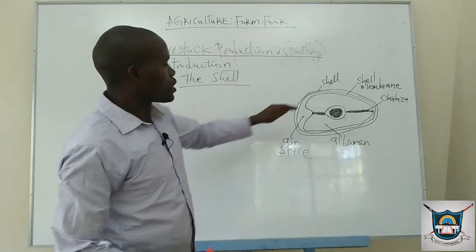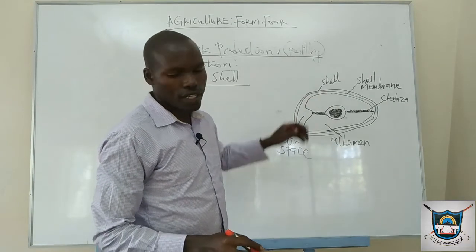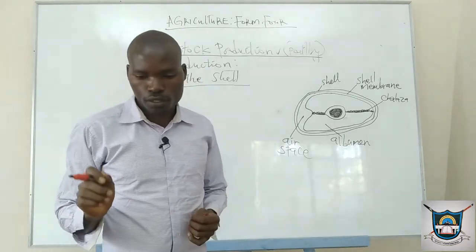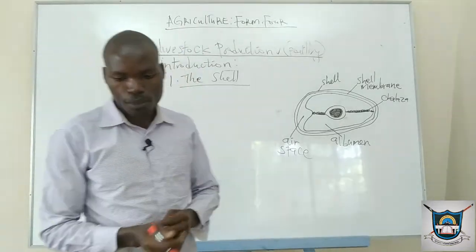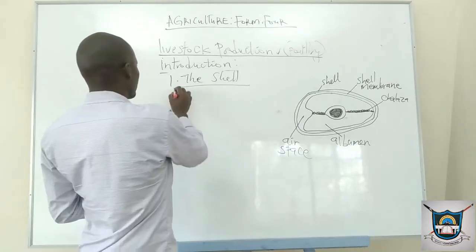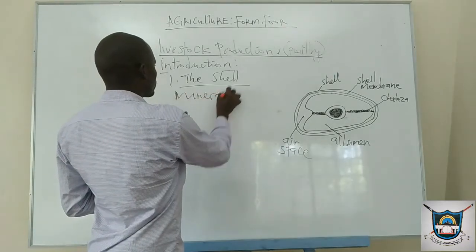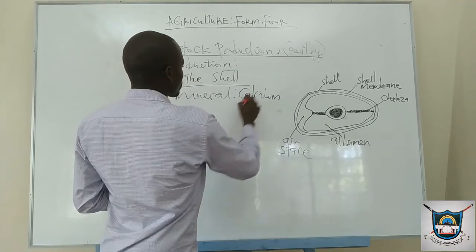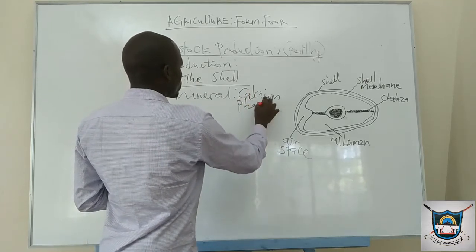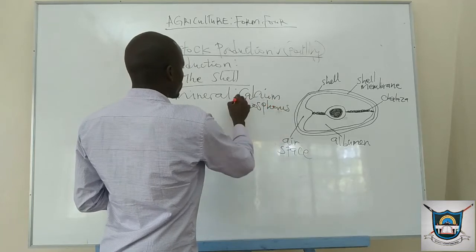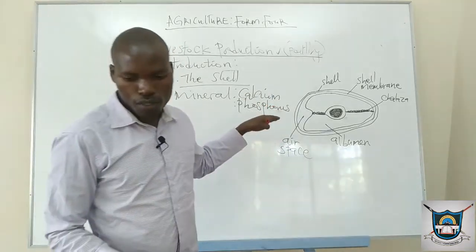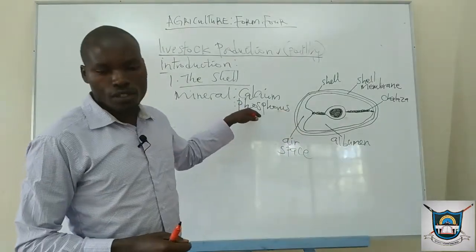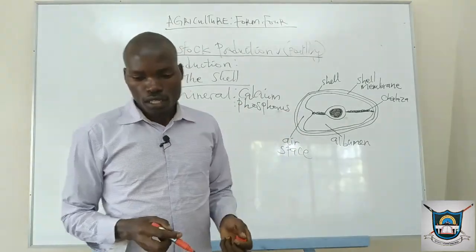As you can see, the shell is the outer covering of the egg. This shell is made up of two minerals, calcium and phosphorus. These two mineral components make the eggshell, and it is because of the presence of these minerals that the shell is very hard.